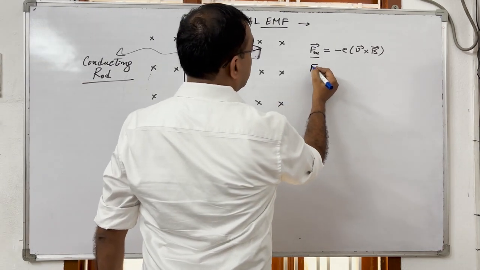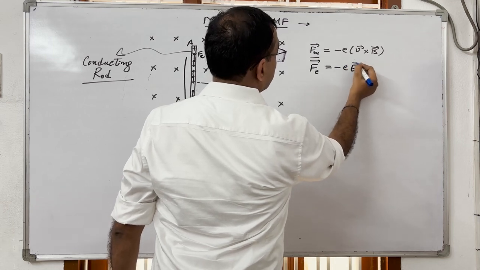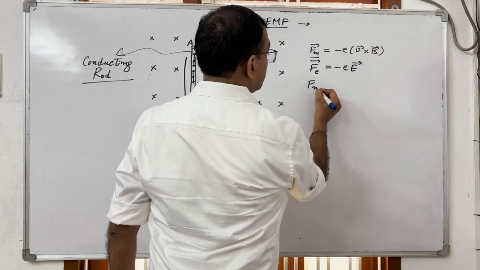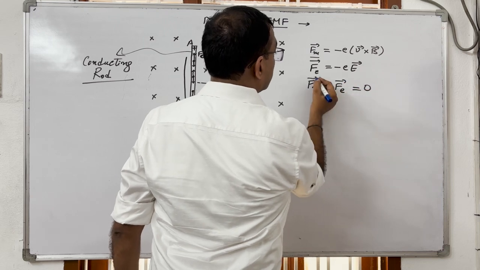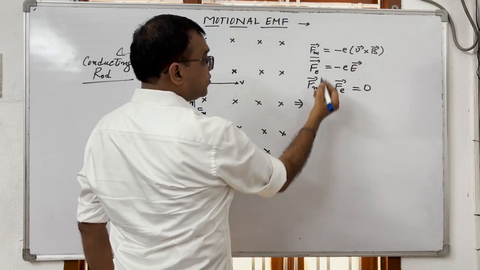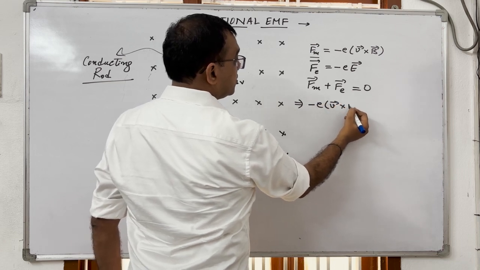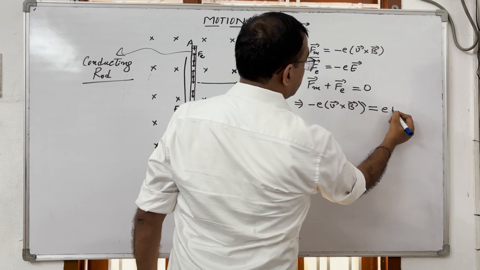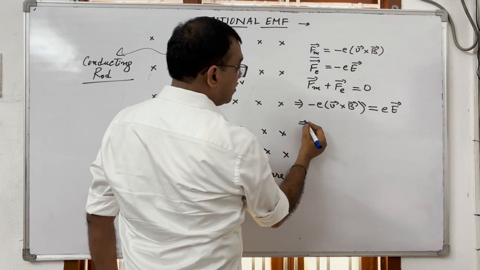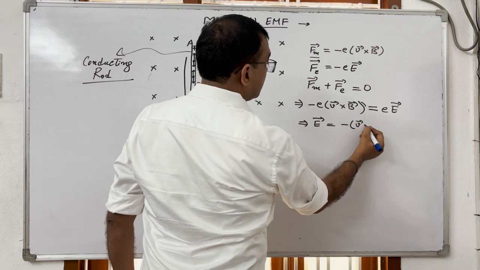So the electric force becomes minus eE and the total force becomes 0. And from this total force, we can say minus e V cross B is equal to eE. So we have the electric field developed here as minus V cross B.